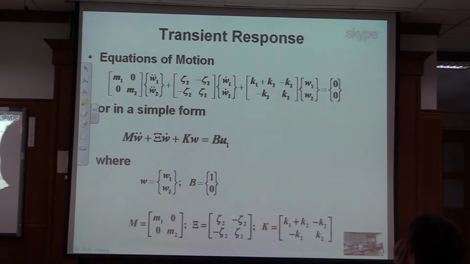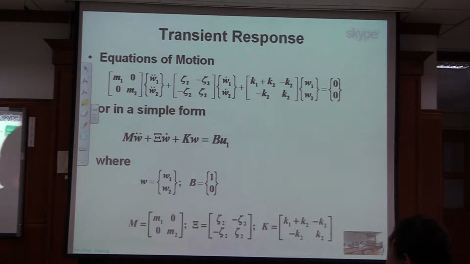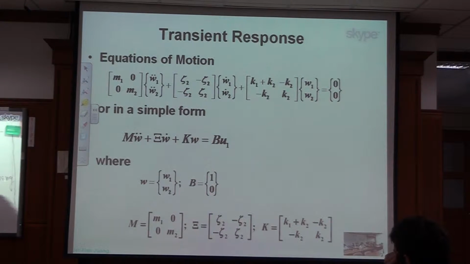Alright, this is just a definition of transient response. Now we talk about the steady state response, and I'm going to talk about transient response a little bit because the response of dynamic system, we'll talk about transient response too. And here I just mentioned this problem, same problem, we'll look at the transient response.